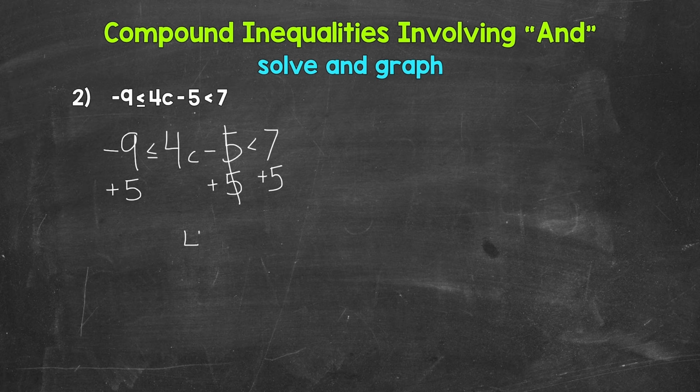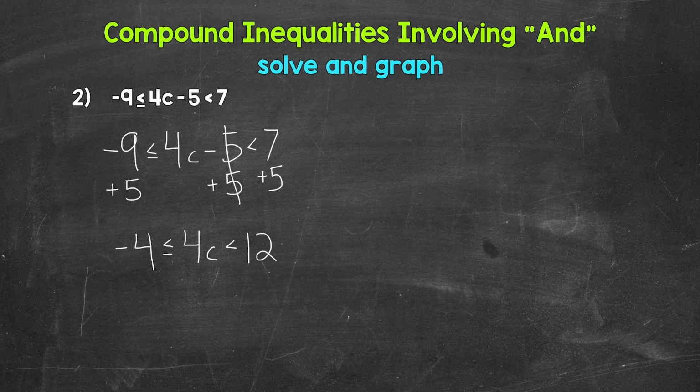So we have 4c is greater than or equal to, and then on the left, negative 9 plus 5 gives us -4, and then 4c is less than, and then on the right, 7 plus 5 gives us 12.